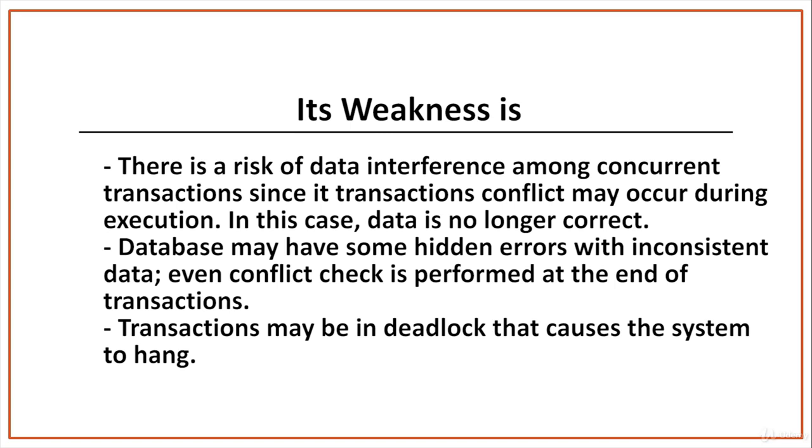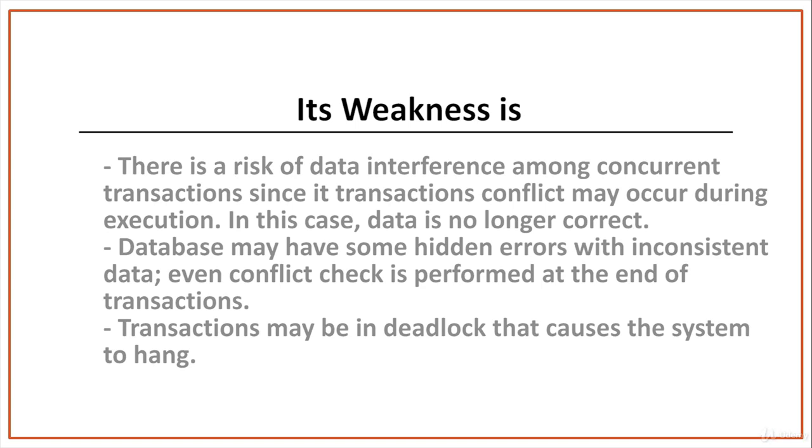In this case, data is no longer correct. Database may have some hidden errors with inconsistent data, even if the conflict check is performed at the end of transactions. Transactions may be in deadlock that causes the system to hang.